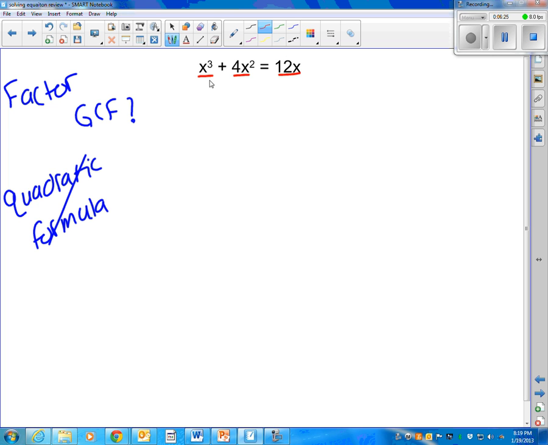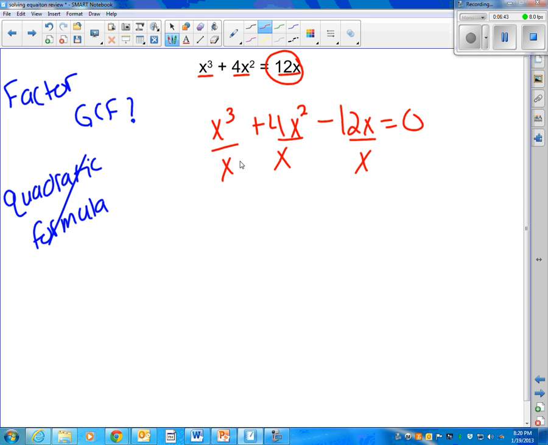Before I pull that out, bring the 12x to the left-hand side. Minus 12x equals 0. Okay, pull out the GCF, which is an x. I now have x times x squared plus 4x minus 12.